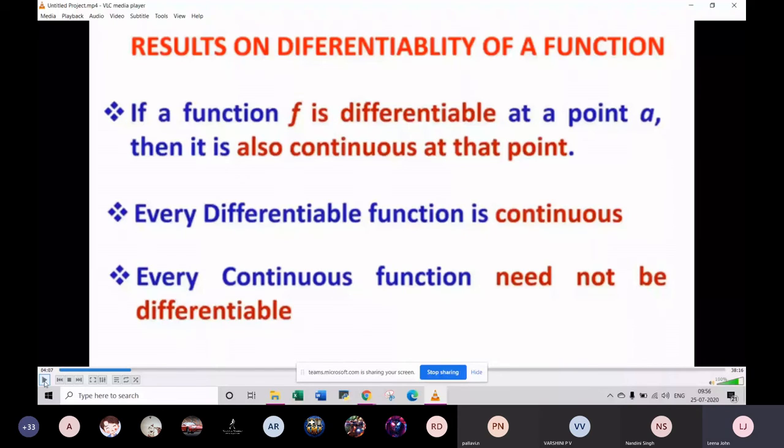So from that you can make out every element of D is also an element of C. Means every differentiable function is continuous at that point, but the converse, that every continuous function is differentiable, is not true, or every continuous function may not be differentiable.